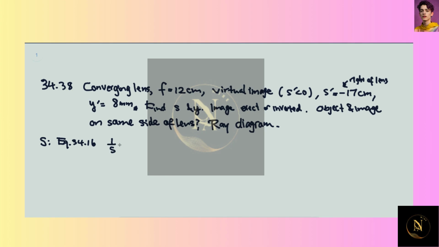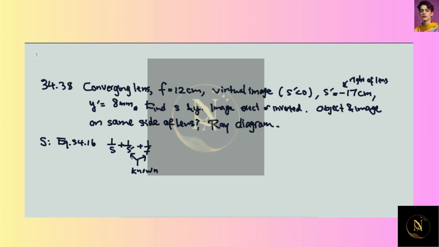So in order to find s, the object distance, let's use equation 34.16, because we have enough information to determine s. So s prime and f are both known. They're given to us in the statement of the problem.